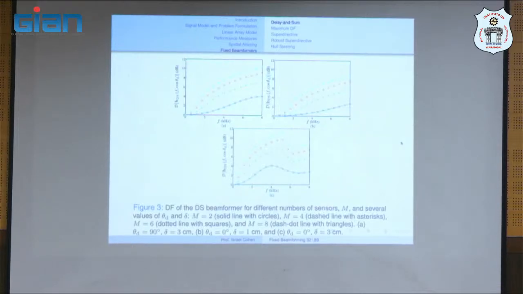We designed a fixed beamformer for a thermal noise environment, for white noise, so we tried to maximize the white noise gain. And instead of using it in this thermal noise environment, somebody took it and put it in another environment that we didn't design for, a diffuse noise environment. The noise at the output of the beamformer will not be stronger than the noise in the reference sensor. This is a result that can be proved. Actually, it's in one of the slides. You can see the proof, which is nice.